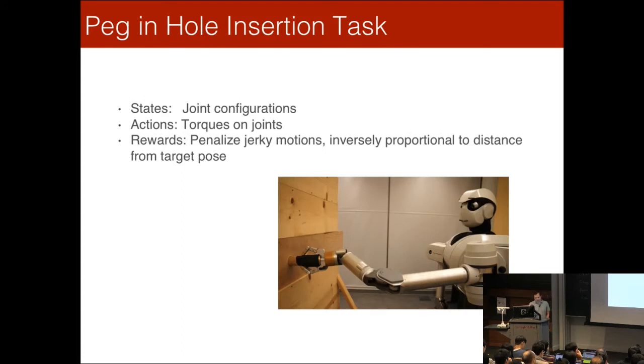Right? Here's another interesting example where the state could be the joint configurations of a robotic arm. The actions could be torques on the joints that you're executing for the arm. And the reward could be penalizing jerky motions. So you don't want to end up with jerky motions, and typically it could be inversely proportional to the distance from the target pose.